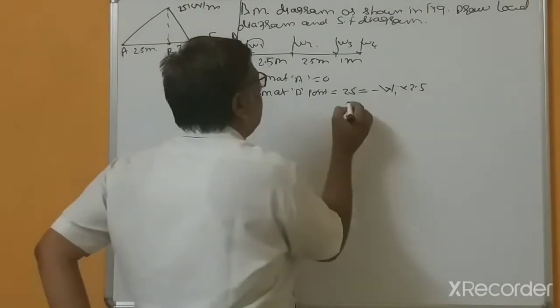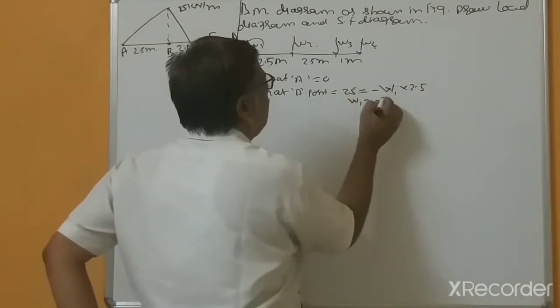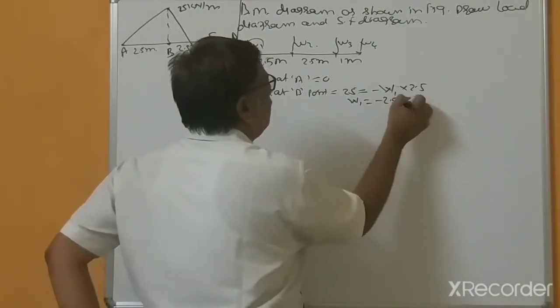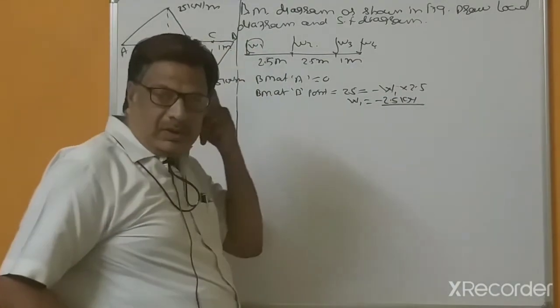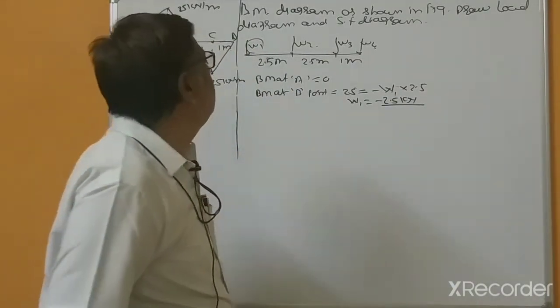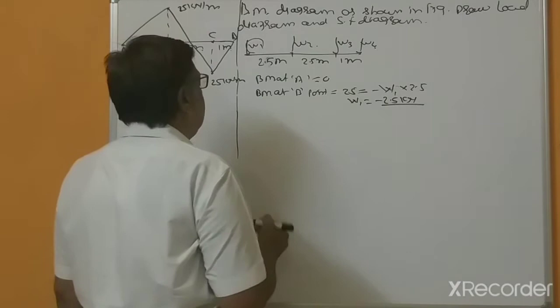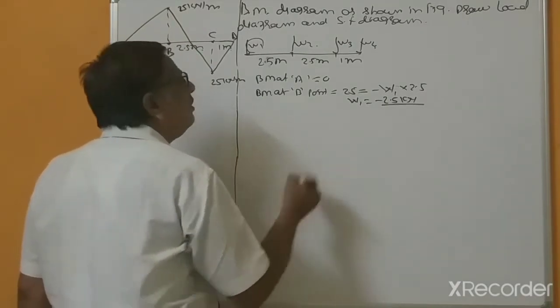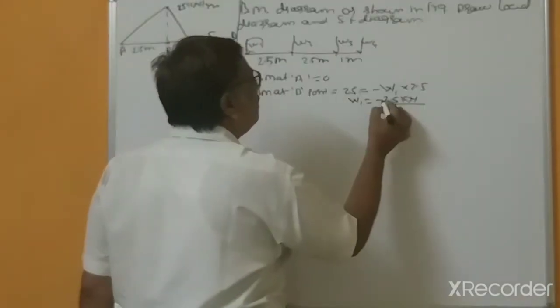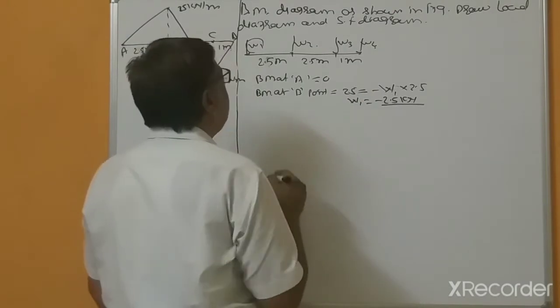So W1 equals negative 2.5 kilonewtons. We will see its direction, but this sign we got negative.